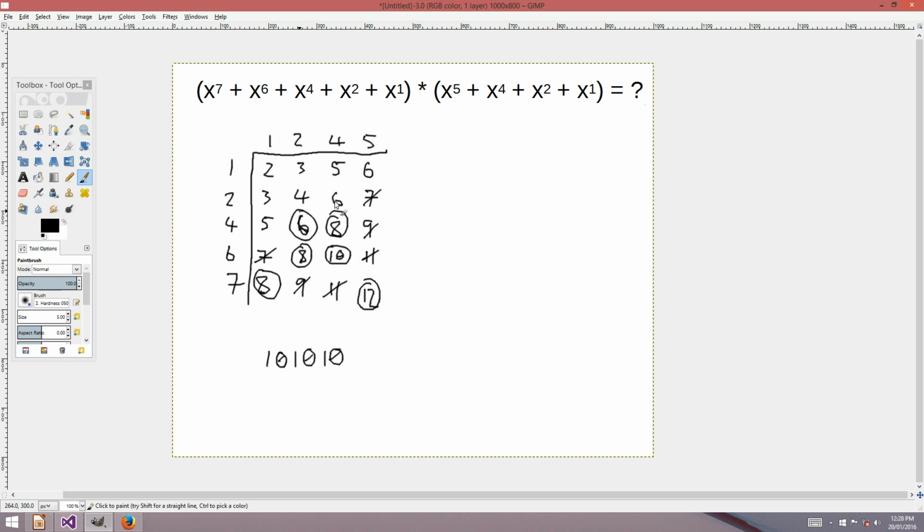All right, moving on to 6s. There's 3 6s. 3 is an even. No, it's not. 3 is an odd number, so we'll write a 1 in our final result. There's 2 5s, so there's a 0, because 2 is even. There's 1 4, so we'll put a 1. There's 2 3s, so we'll put a 0 because 2 is an even number.